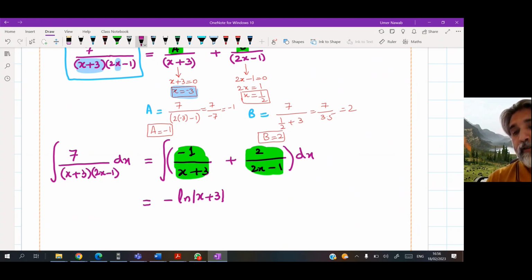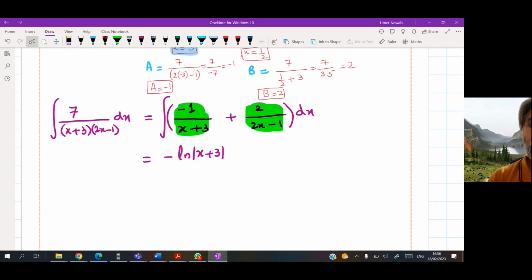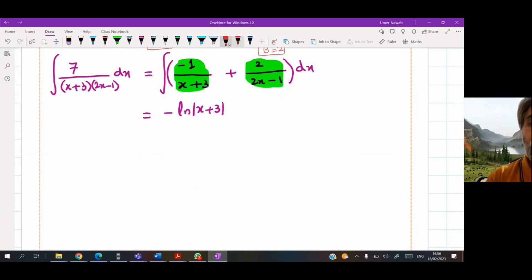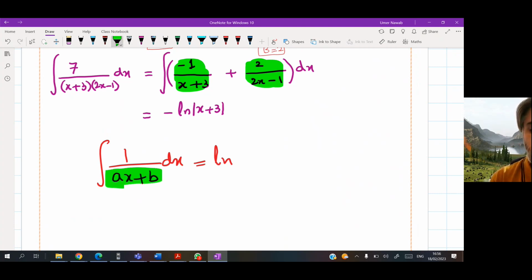Why did I write, guys, the integration of minus 1 over x plus 3? You remember that in integration we studied, if you have a linear factor in the denominator, we can write it as ln of, but you must confirm you have a linear factor in the denominator. Its integration is a of ln of ax plus b divided by the coefficient of x, which is a.